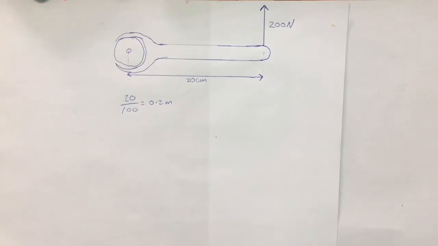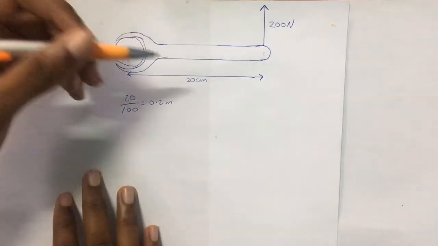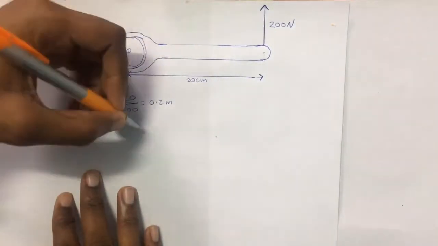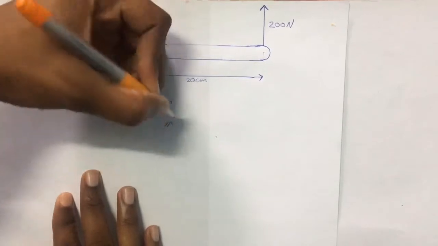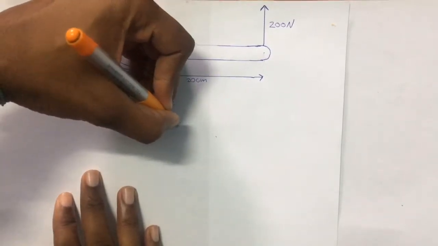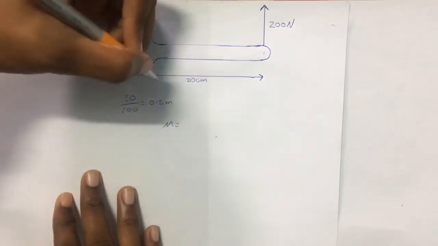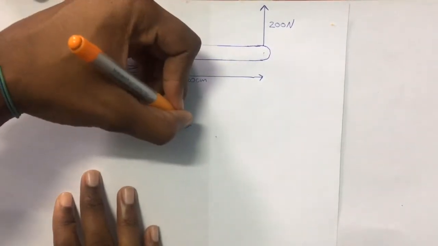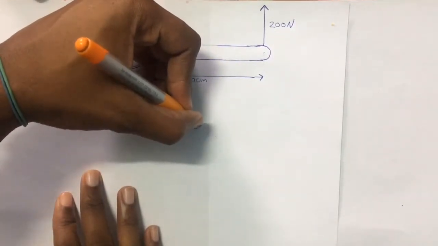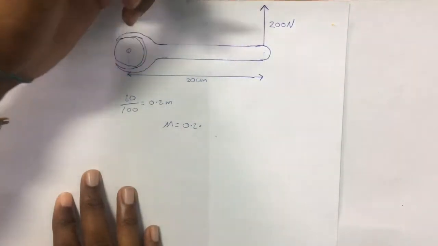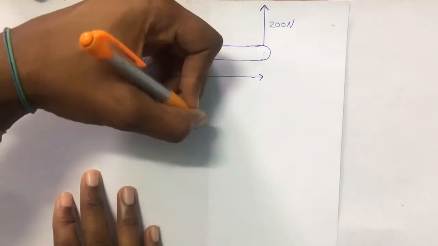So how do we find the moment? The moment now would be the force times the moment arm. So the moment about the nut will equal the moment arm, which is 0.2 meters, times the force, which is 200 newtons.